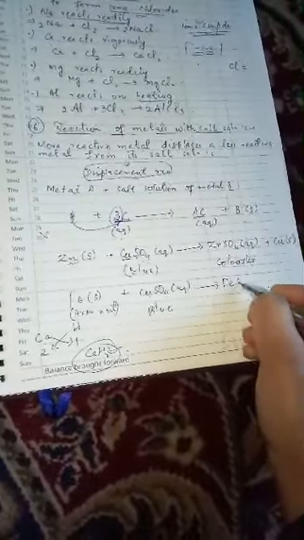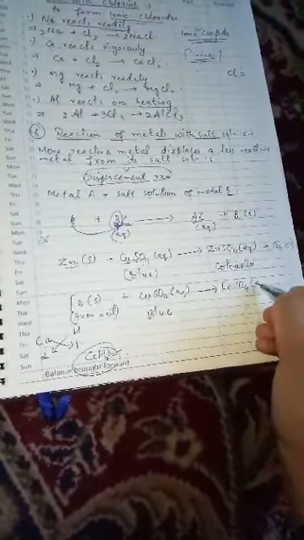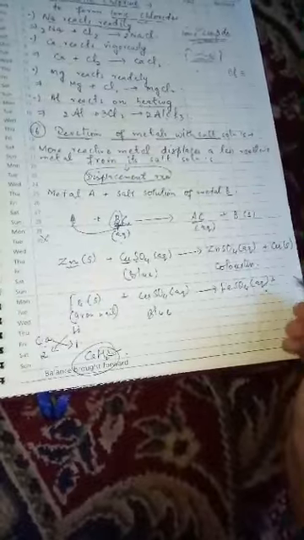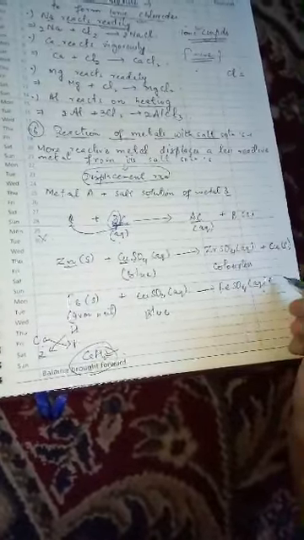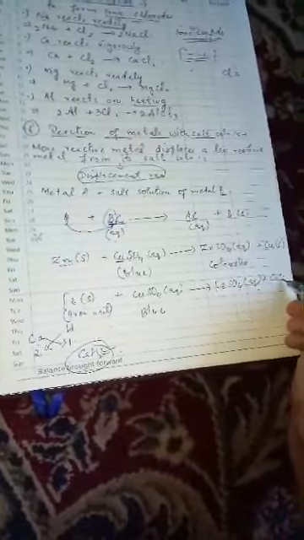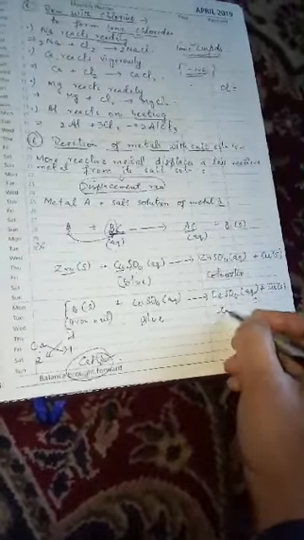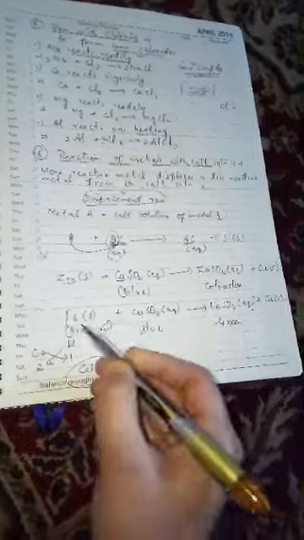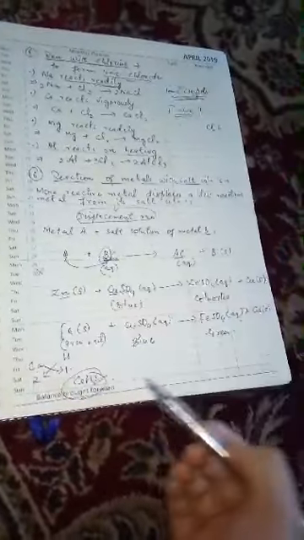Iron being more reactive than copper, it forms iron sulfate solution in the beaker, and copper is deposited on the iron nail. The color changes from blue to green. So this is a type of displacement reaction, or single displacement reaction.